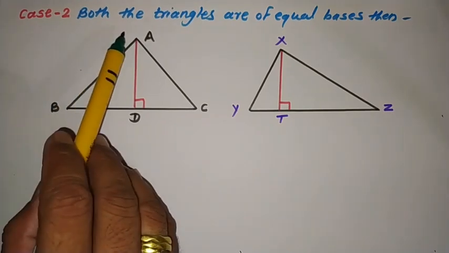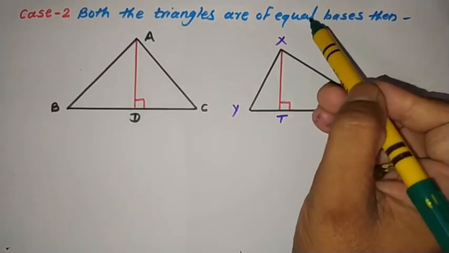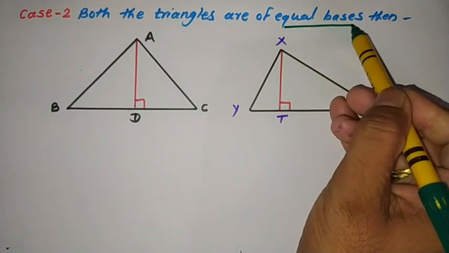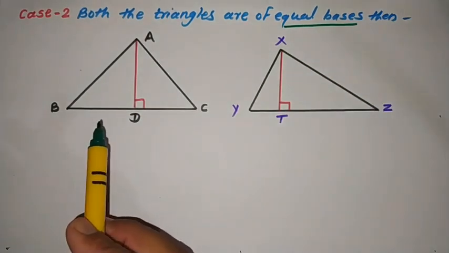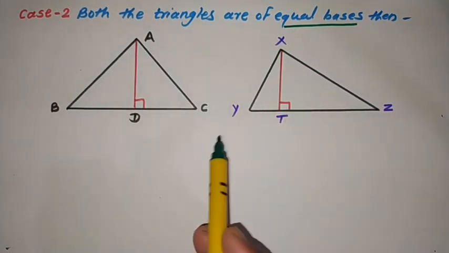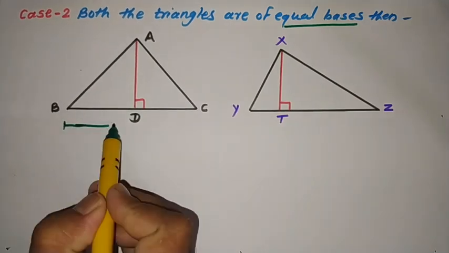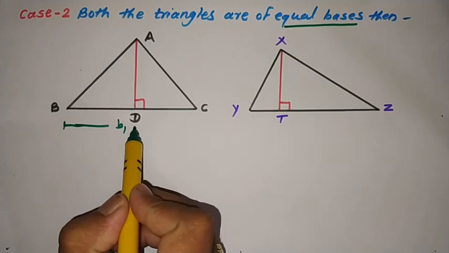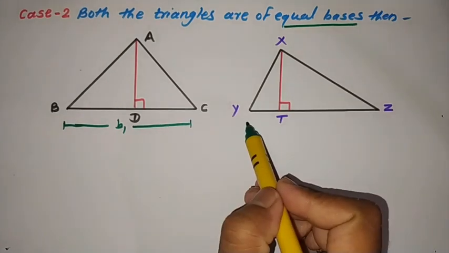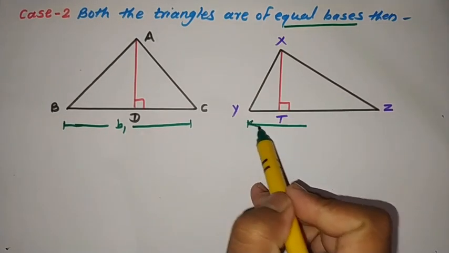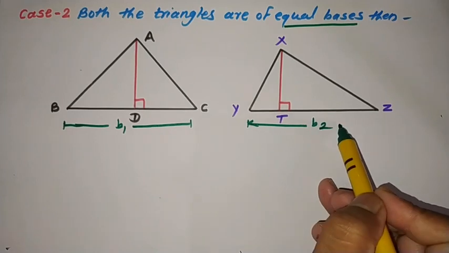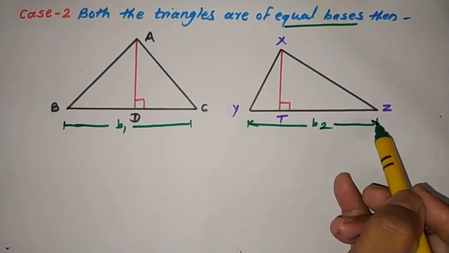Here case number 2, see here both the triangles have equal bases. In the given figure, triangle ABC and triangle XYZ bases are equal. The base of the first is B1 and the base of the second is B2.